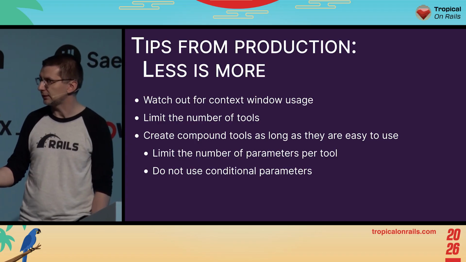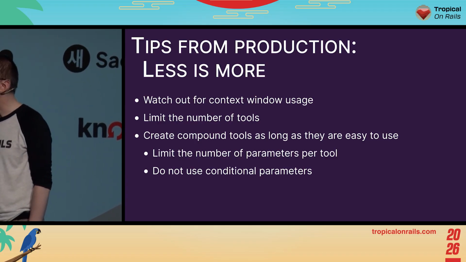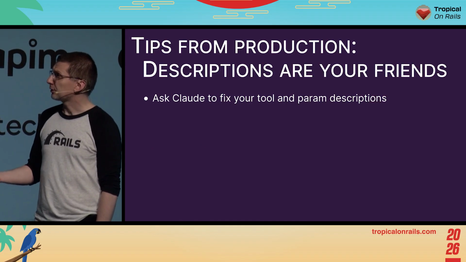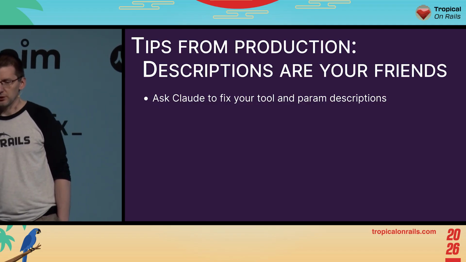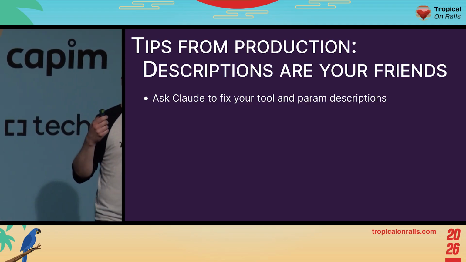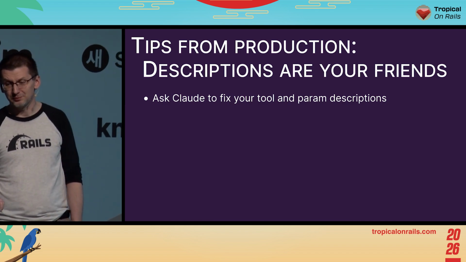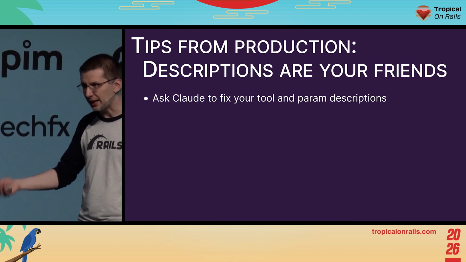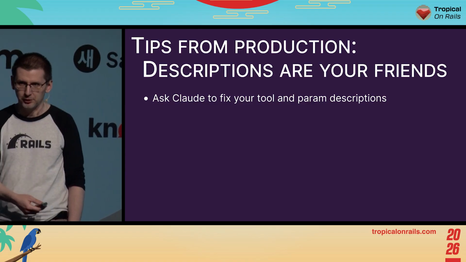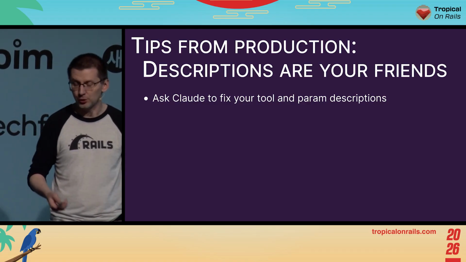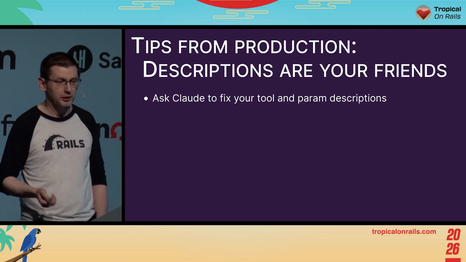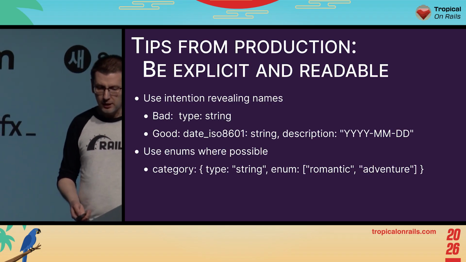This is not understandable for an LLM. Descriptions are your friend. Use great descriptions and just ask Claude to fix them. Don't try to be better at language than a large language model. Claude, or any other LLM, knows better how to fix your descriptions.